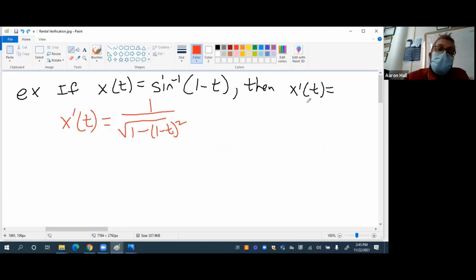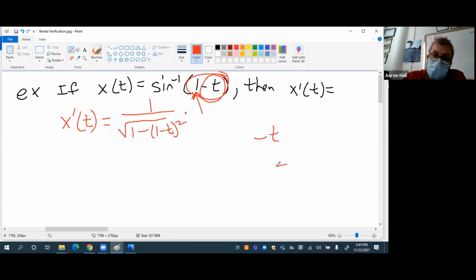So it's times the derivative of the inside function. What is the derivative of the inside function? It's -1. The derivative of a constant is 0. The derivative of negative t is negative.